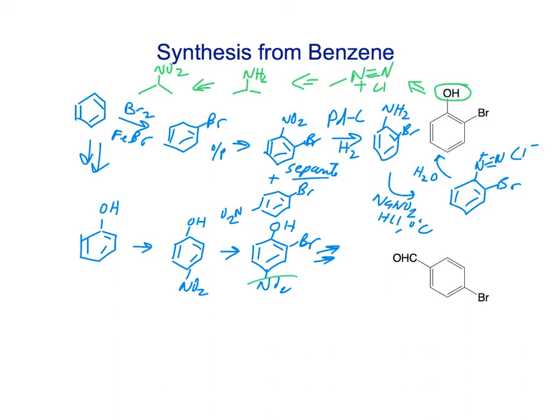So we don't have to do that separation. Well, we'd still have to do, I guess, the separation where the para-nitro group is. So this we would go through the diazonium and then we get rid of that.